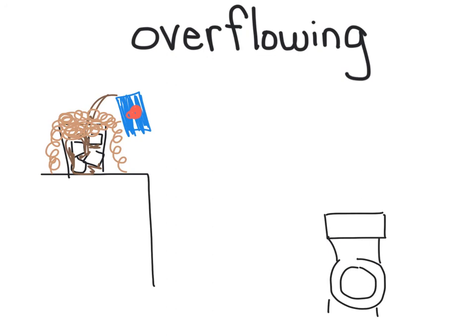If somebody had flushed, we would have had a serious problem because the water would have come in and then it would have overflowed into the floor. And that's what Miss Inez was telling us about. You have a toilet that overflows, it gets all in the floor, and it's nasty, and nobody wants to clean it up. Overflowing means there's too much water or too much liquid in there.